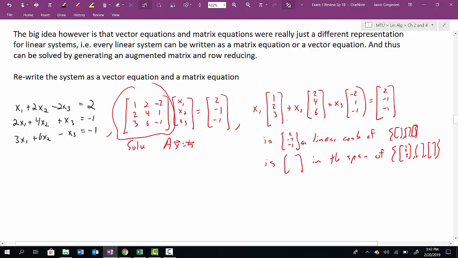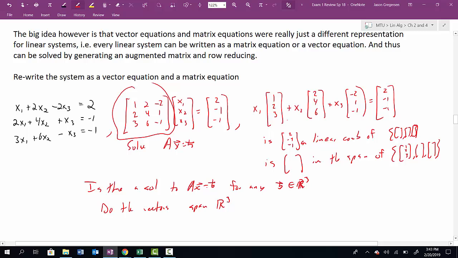And so we might say, is there a solution to Ax equals b, right, for any b, in this case in R3? It doesn't matter what b is. Will there always be a solution? Or do the vectors span R3?